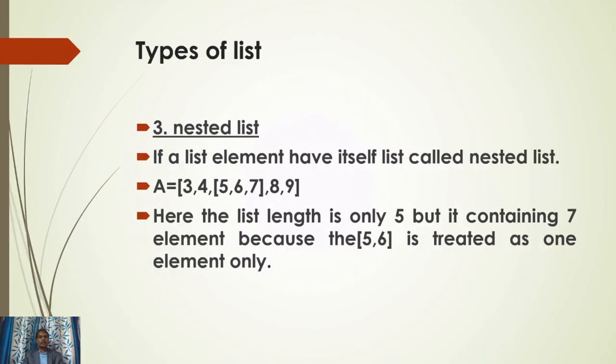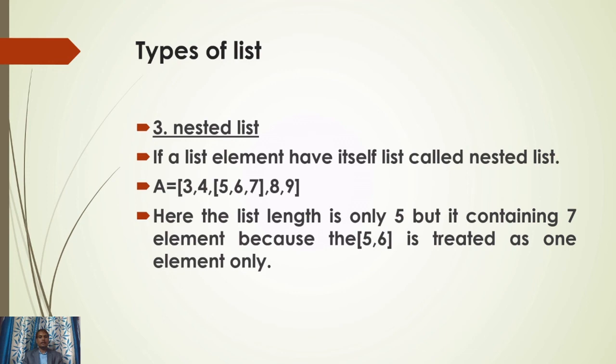Number 3, this is called a nested list. If a list element has itself another list, it is called a nested list.